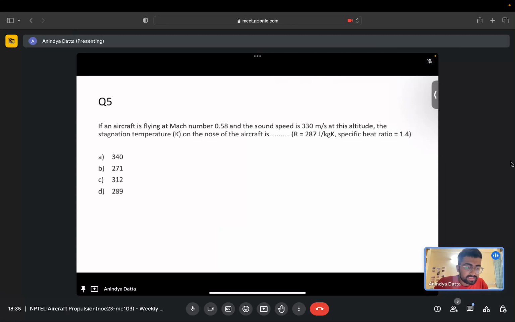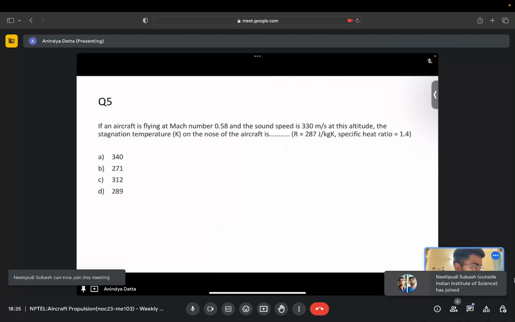The idea is, if we have a flow moving with a certain velocity, and we bring the flow to rest adiabatically without any heat loss, so that the flow velocity becomes 0, what will the temperature be? We use an energy balance, or the steady state steady flow energy equation, to do that.